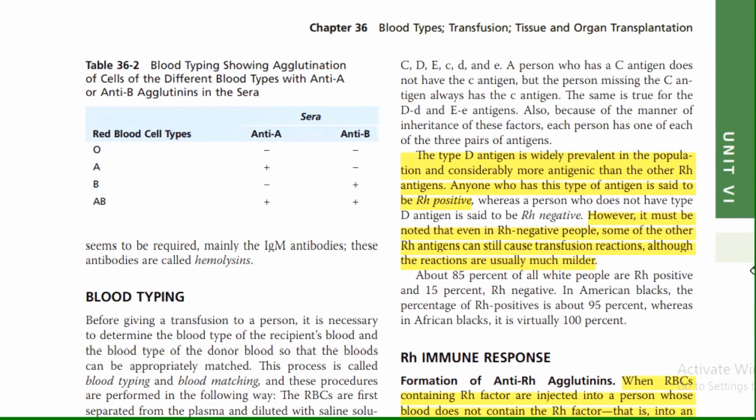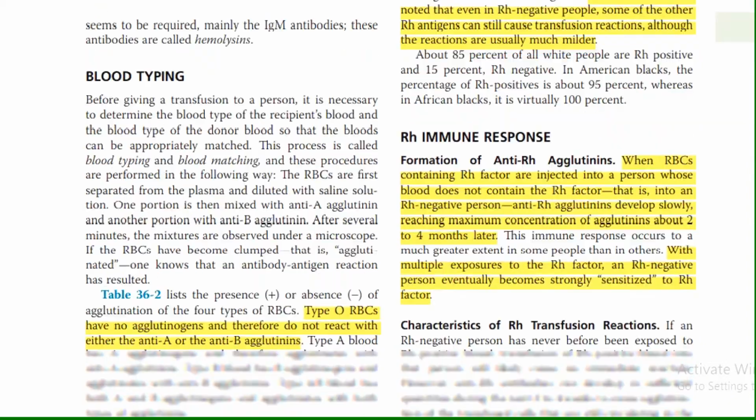The type D antigen is widely prevalent in the population and considerably more antigenic than the other Rh antigens. Anyone who has this type D antigen is said to be Rh positive, whereas a person who does not have it is said to be Rh negative. However, it must be noted that even in Rh negative people, some of the other Rh antigens can still cause transfusion reactions, although the reactions are usually much milder.